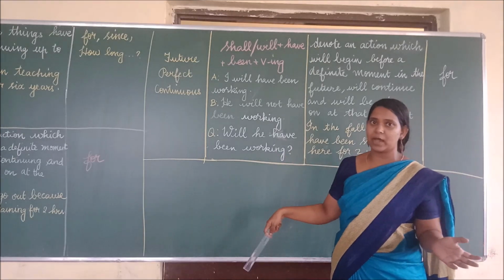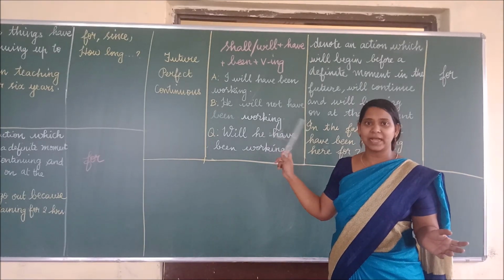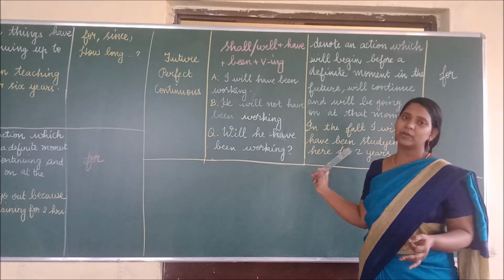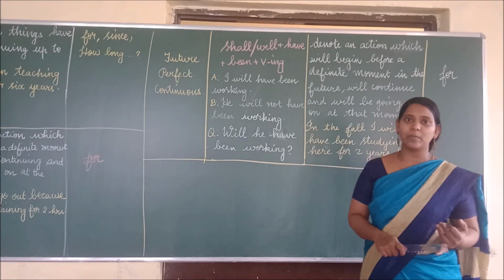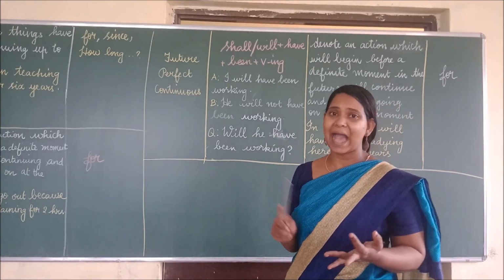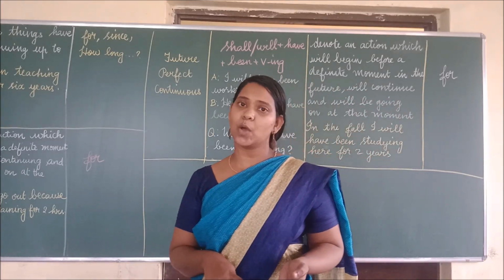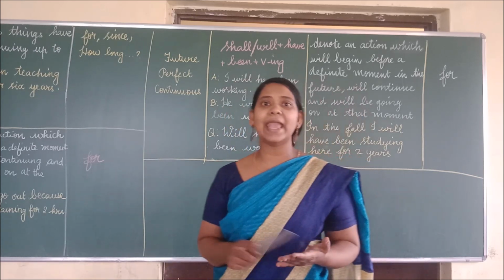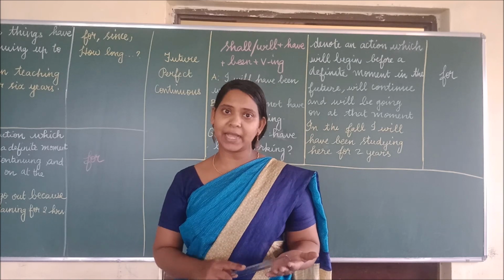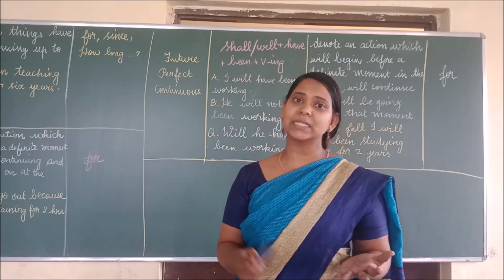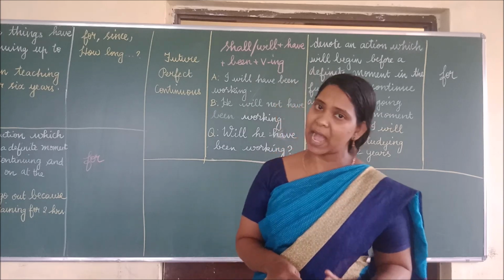Let us recall present perfect continuous tense, past perfect continuous tense, and future perfect continuous tense. The verb form of present perfect continuous tense: have or has plus been plus verb ing. For I, we, you, they, have plus been plus verb ing; he, she, it, has plus been plus verb ing.